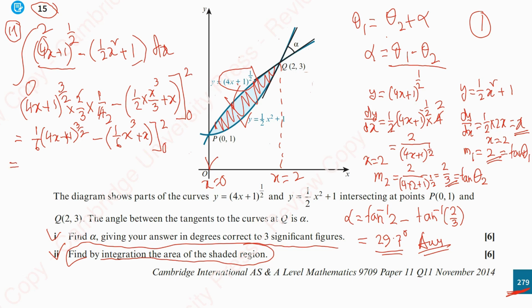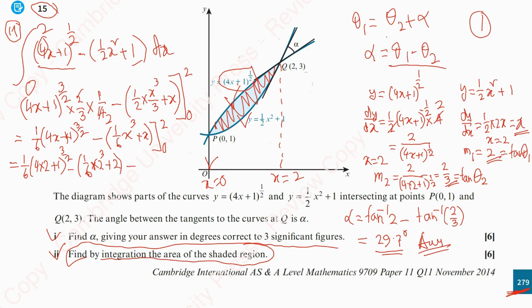If we put in 2, it gives us 1 by 6 into (4 into 2 plus 1) to the power 3 by 2 for the first one, minus 1 by 6 into 2 cube, plus 2.